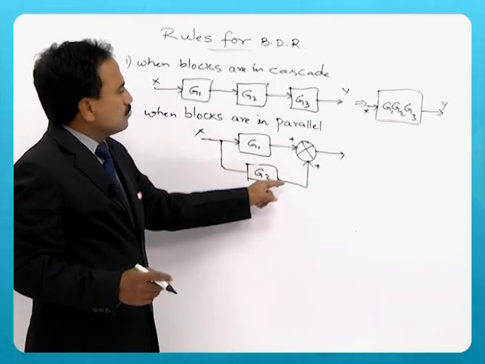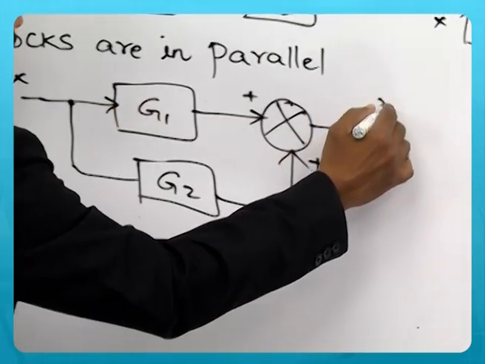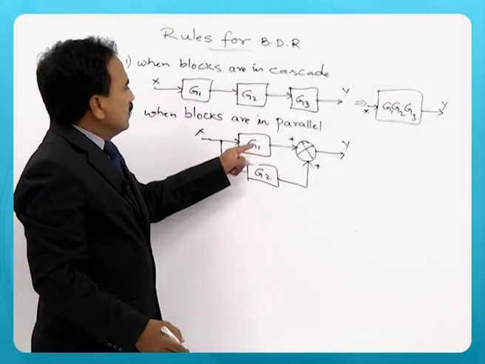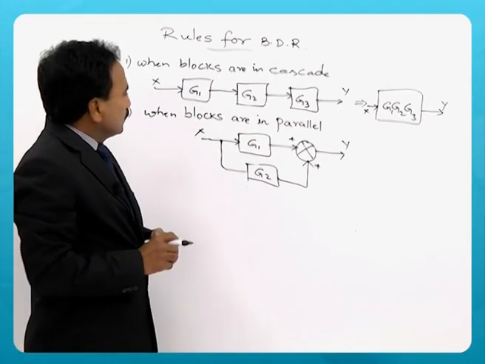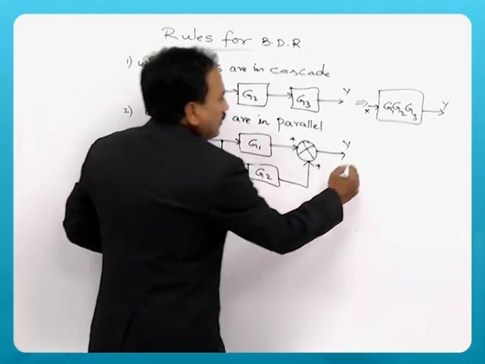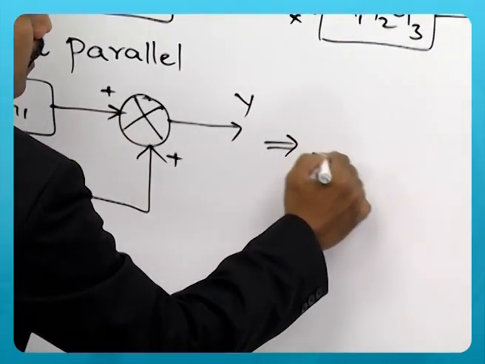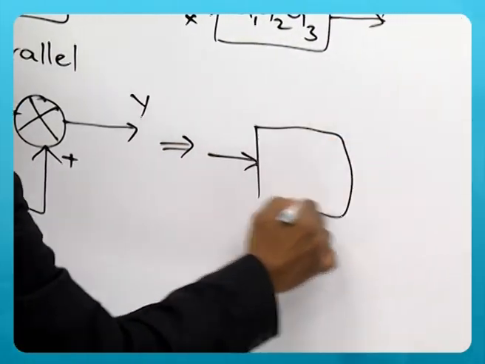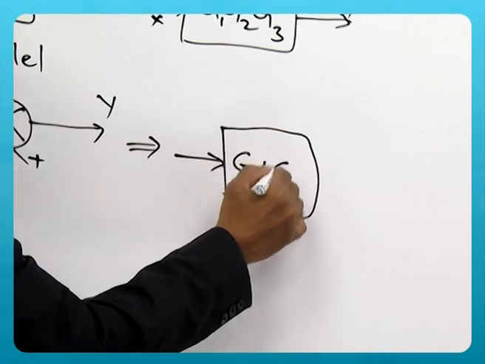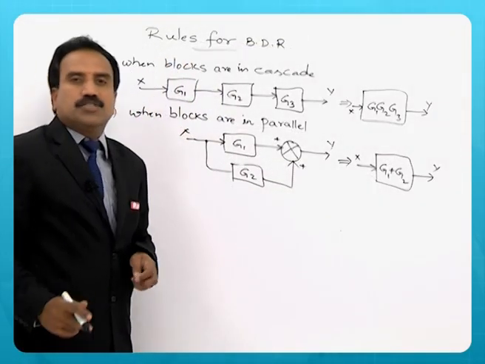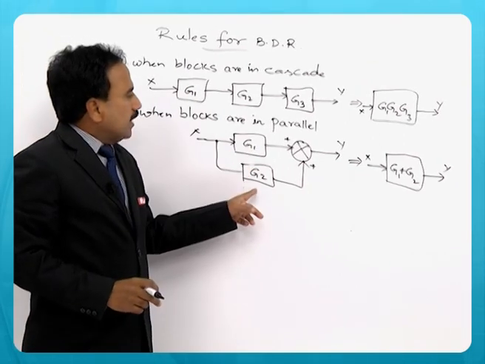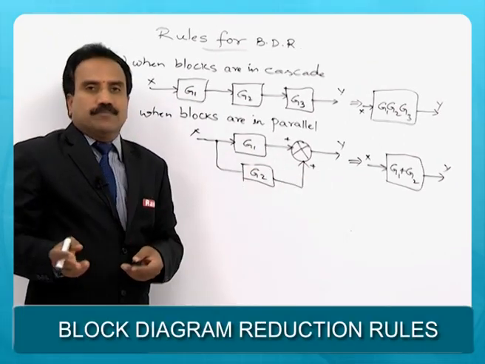So, these two signals must be added here, and this output y is in terms of x, and these blocks we need to get. So, when these two blocks are in parallel, this is the reduction: two blocks in parallel are added.